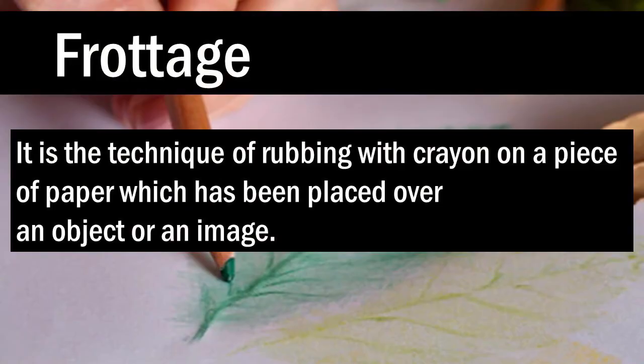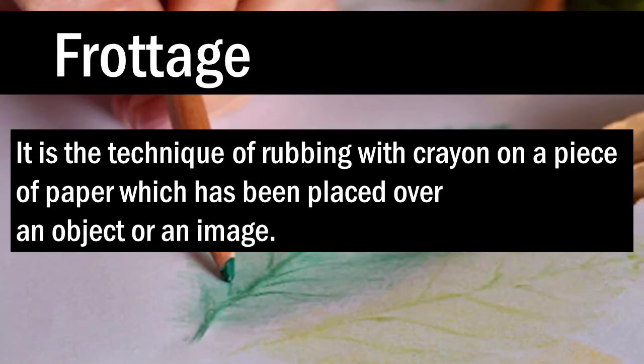The next technique is what we call frottage. Unknowingly, this is a technique you already did during your elementary days because it is a technique of rubbing with crayon on a piece of paper which had been placed over an object or image.